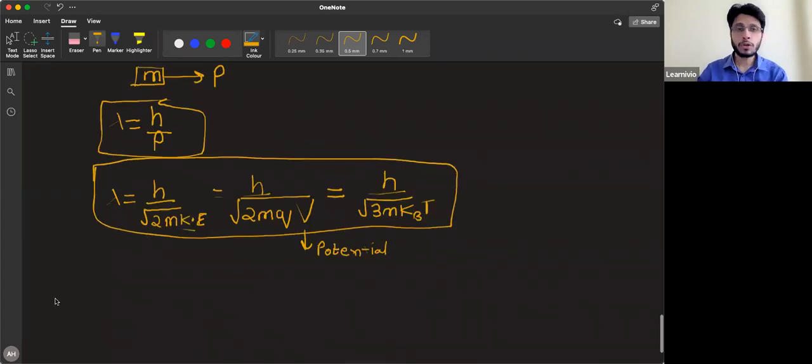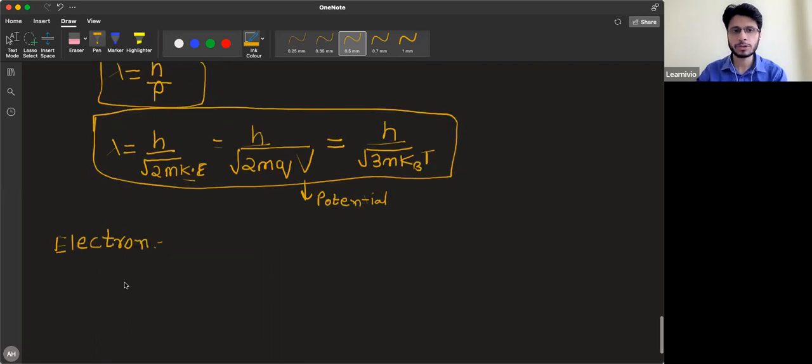Now, if you want to calculate the de Broglie wavelength for an electron, if you are calculating precisely for an electron, then you can use this expression: lambda is h by root of 2mqV. If you are using it for an electron, h is known, mass of electron is known, charge of electron is known, only V is the variable.